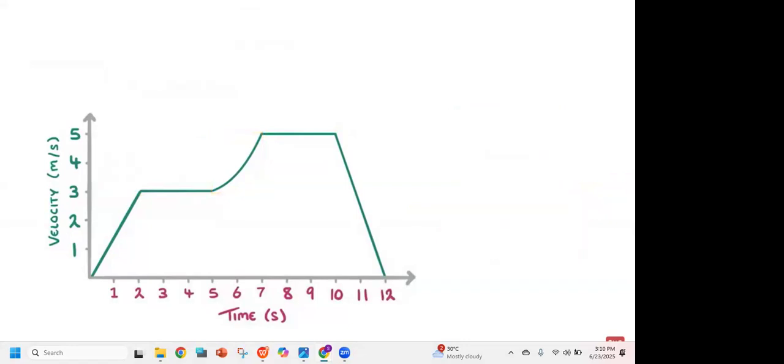The last thing we need to look at is how to find the distance that was traveled.